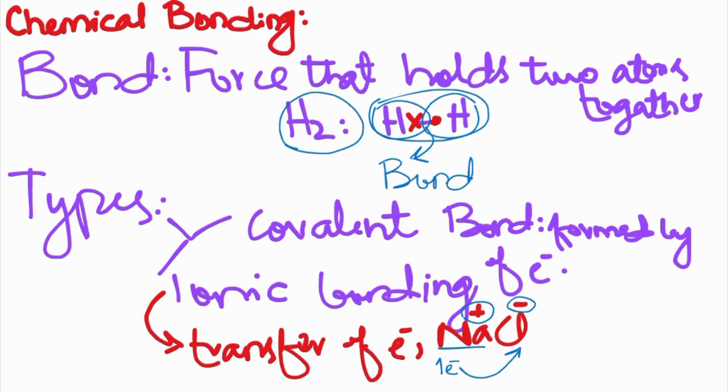Whenever we are talking about ionic bonding, there is always the presence of positive and negative charges. A positive ion is called a cation, and a negative ion is called an anion. So this was all about the concept of chemical bonding.